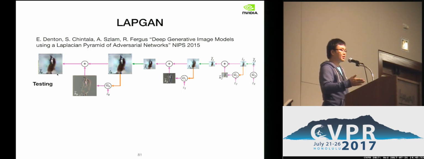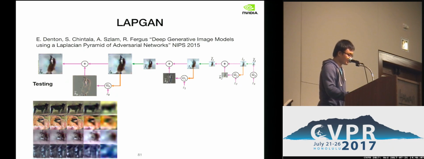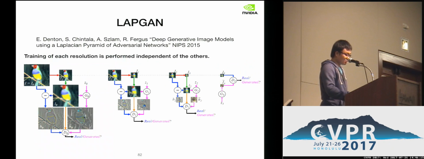So instead of using the DCGAN-style network, they bring the idea from computer vision and design an image pyramid-like network to generate high resolution images. They were able to show that they make progress at each iteration.